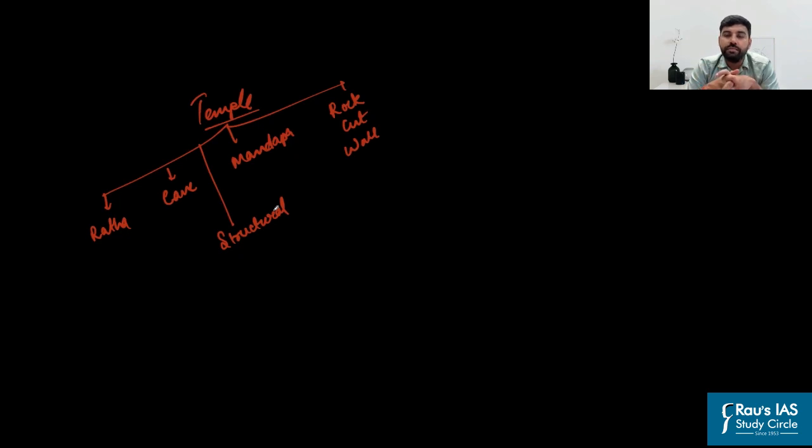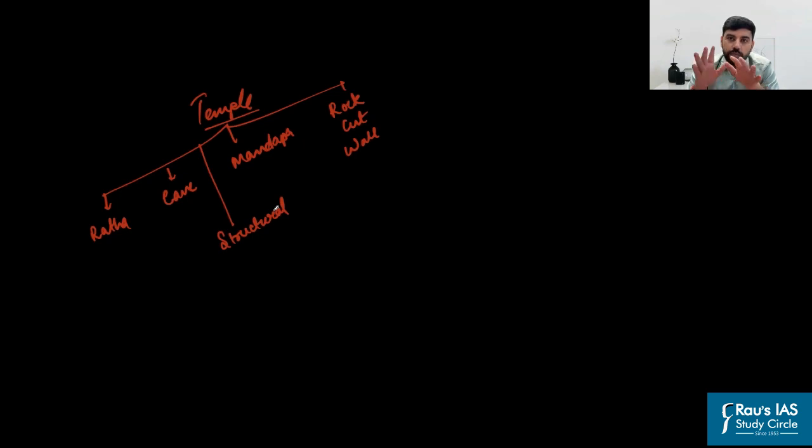Rath is chariot. You'll find this in Mahabalipuram. Pallavas are the ones who have created all 5 of them.